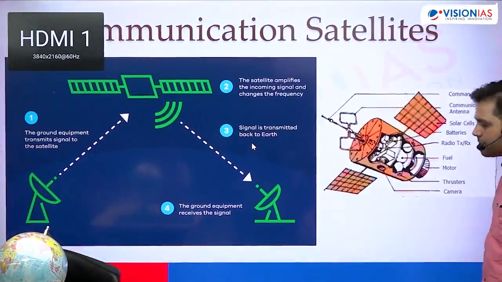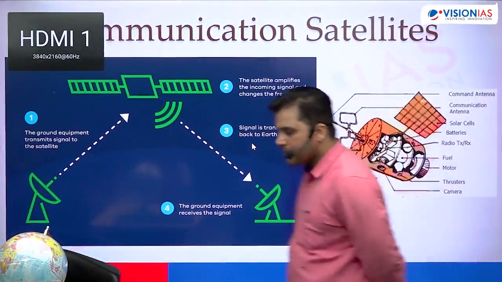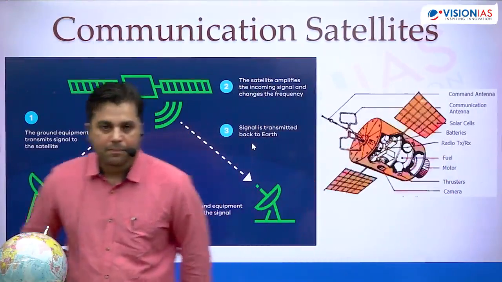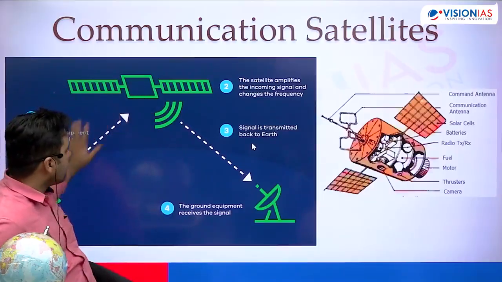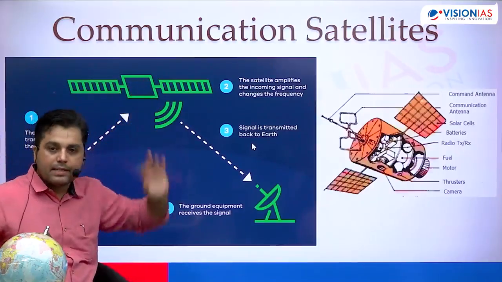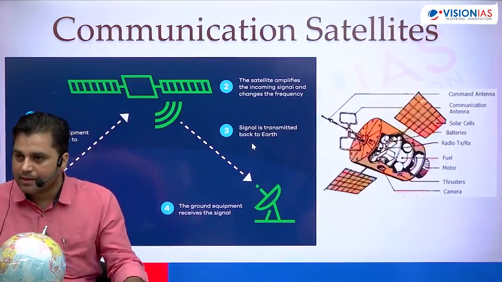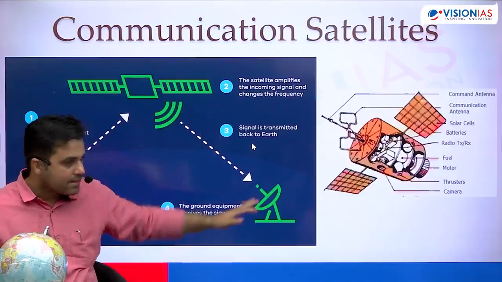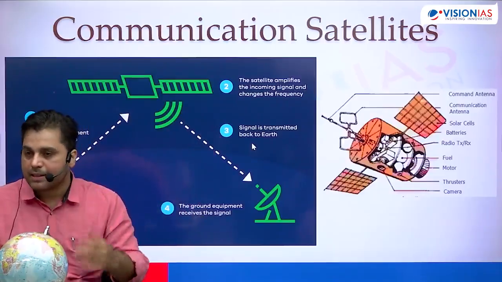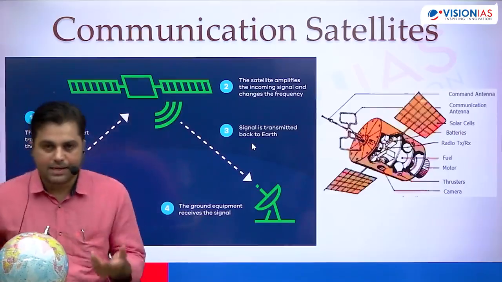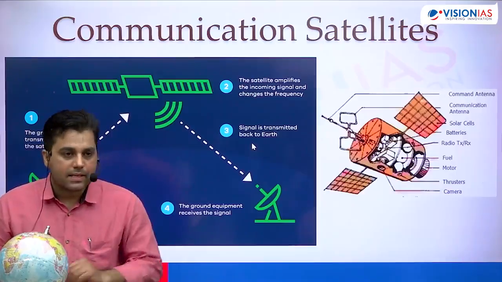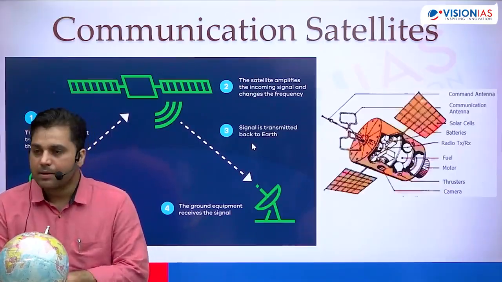So in last class I told you that the purpose of a communication satellite is to create a channel, and that satellite is like an intermediary. It is receiving a signal from some transmitter. It is amplifying that signal, increasing the strength of that signal, and it's sending that signal back to Earth. And all of the devices which are tuned to that particular frequency on which the satellite is functioning will be able to catch that particular signal.